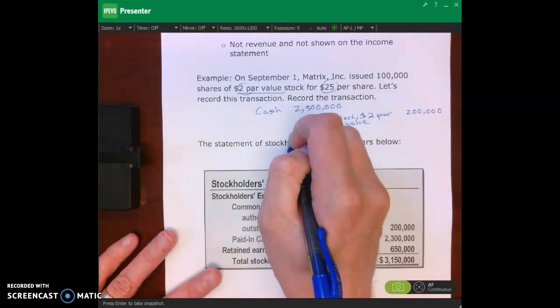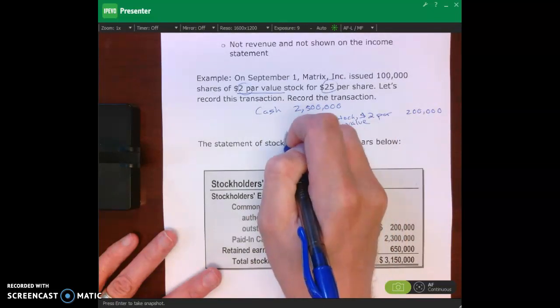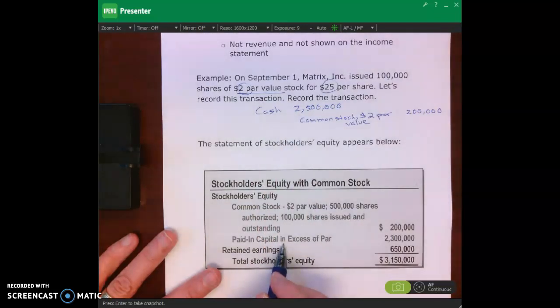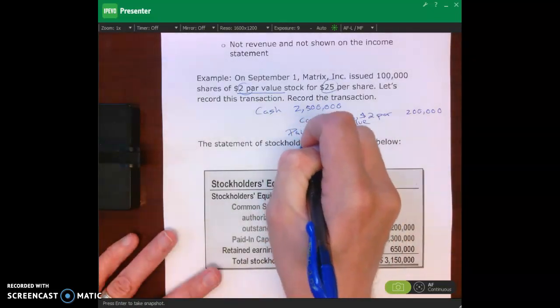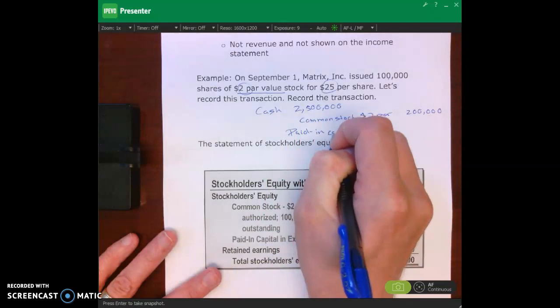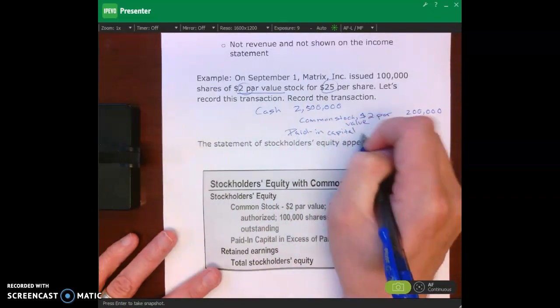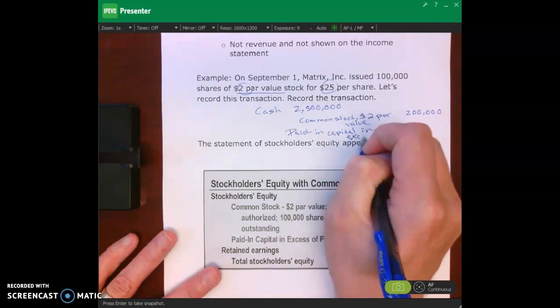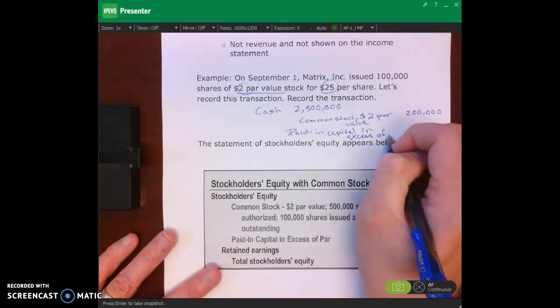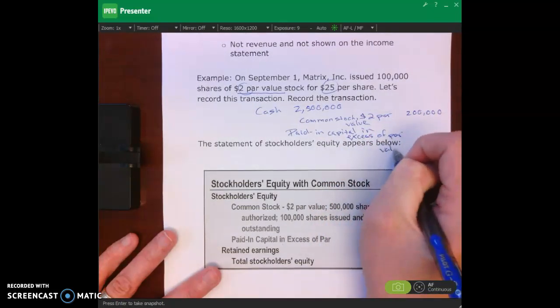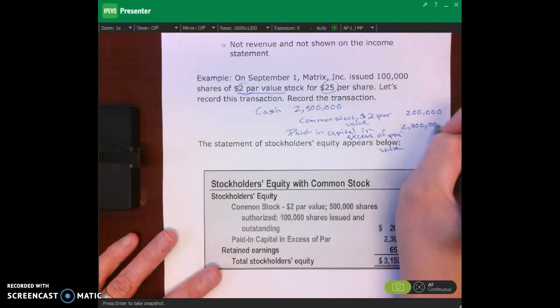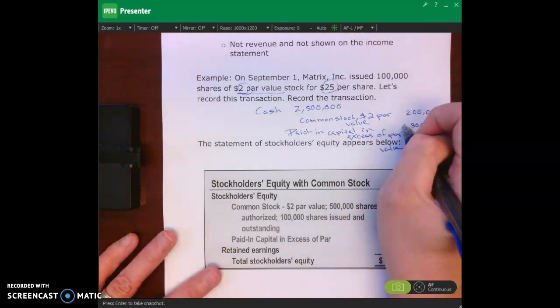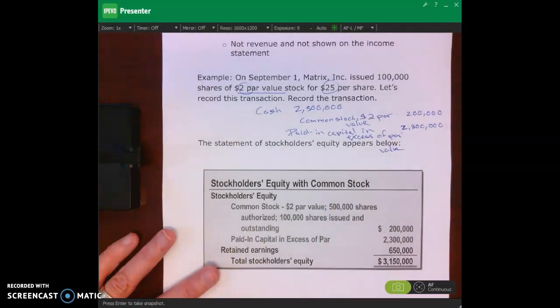The name of that equity account is, right over here, paid in capital in excess of par value, $2,300,000. Okay? So that becomes my journal entry.